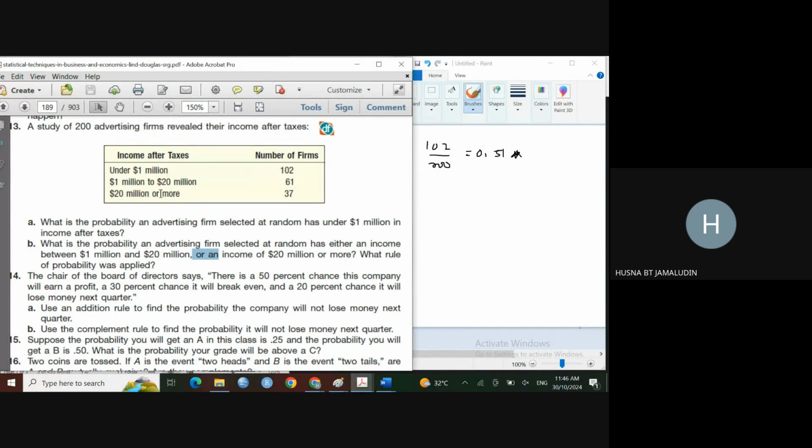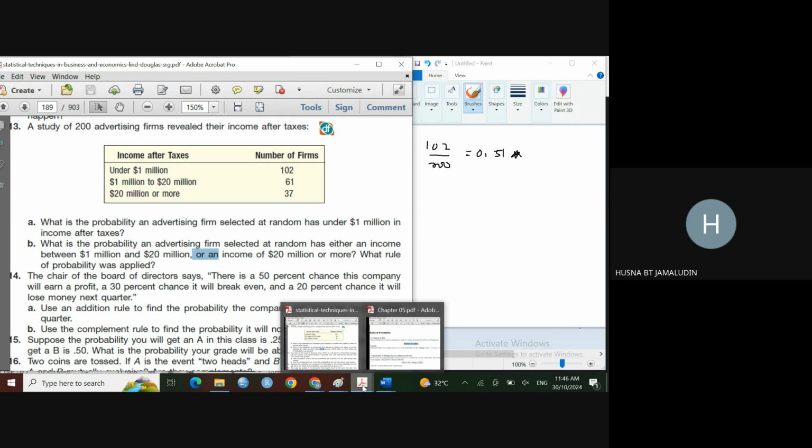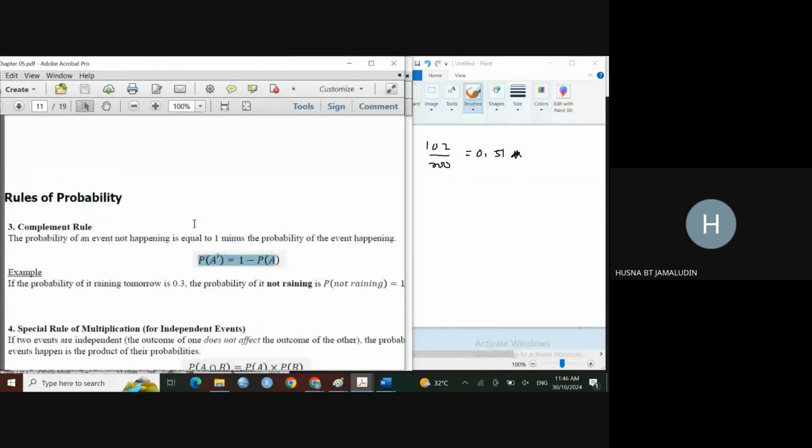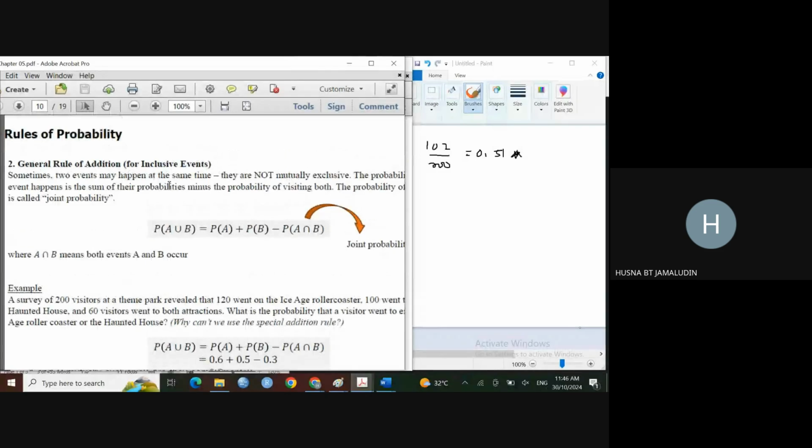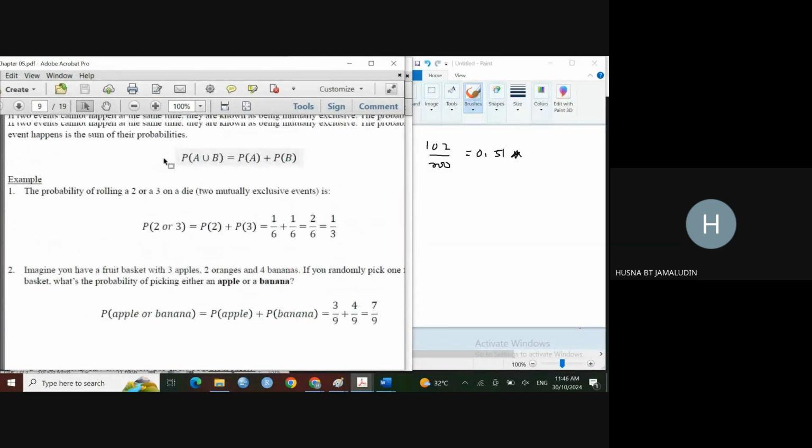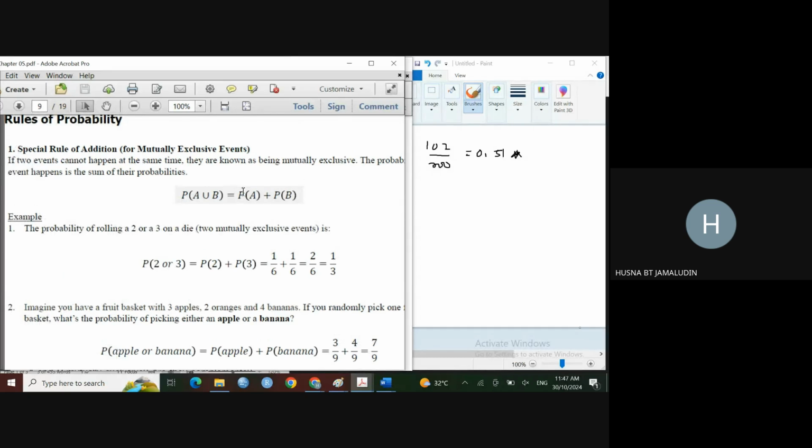These firms are different from each other, so this is what we call mutually exclusive, because they are two different things. They will not overlap. So what is the formula for mutually exclusive? P(A) plus P(B).